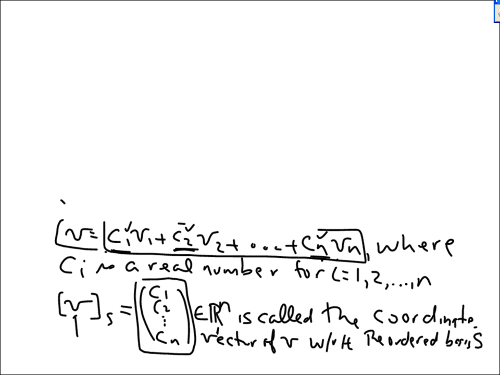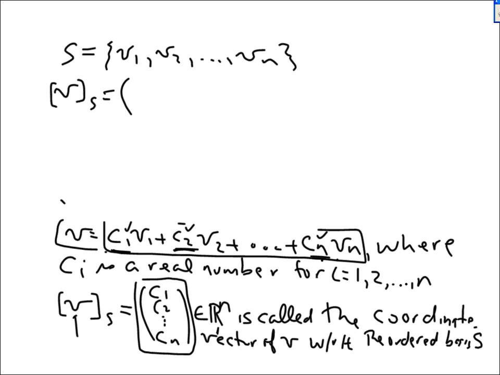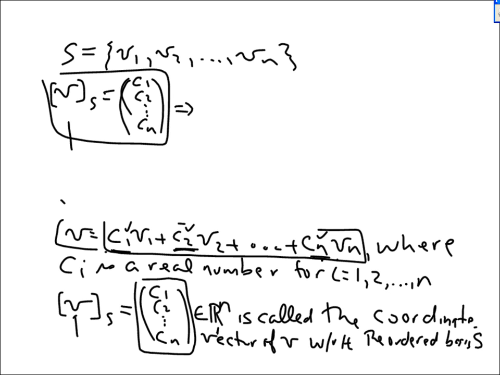Okay, so if S is a basis and it has the vectors v1, v2 up to v sub n, and you're told that the coordinate vector of v with respect to the ordered basis S is c1, c2 up to cn, well, this just tells me that the vector v is c1 times v1, c2 times v2, all the way up to cn times vn.